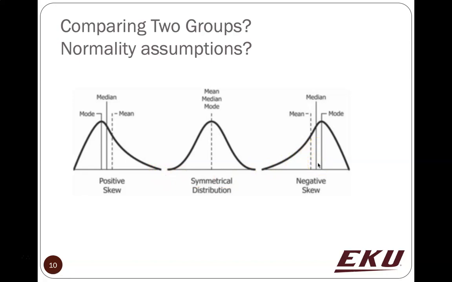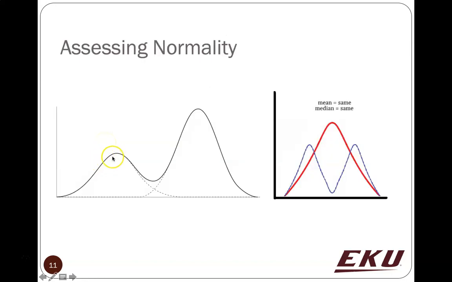So we can have other types of shapes other than just skewed shapes. You may have shapes where you've got a bimodal distribution, where the median may actually be the same, but the mean may not necessarily be. Or you can have something where the mean and the median are the same, and unless you do a histogram, you may not see this.